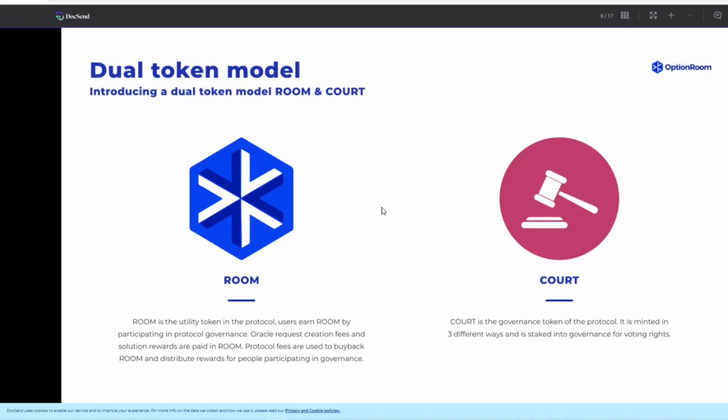So they have a dual token model. Room is the utility token of the protocol, as we just discovered, and Court is the governance token. The protocol token is minted in 3 different ways and staked into governance for voting rights, okay. This is one good thing also.